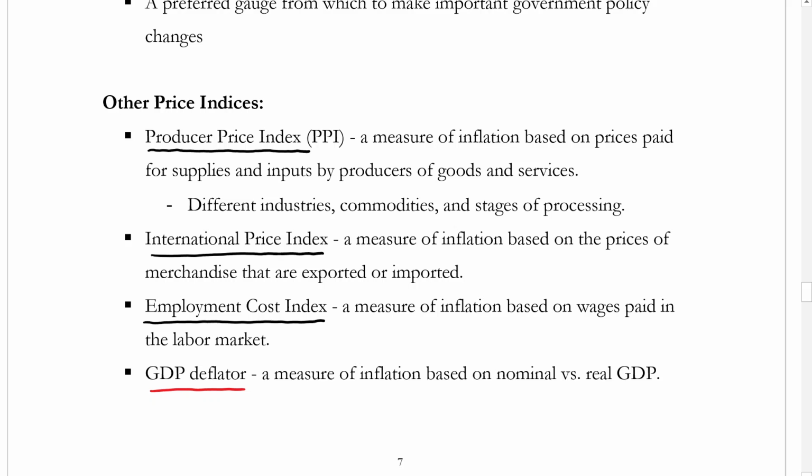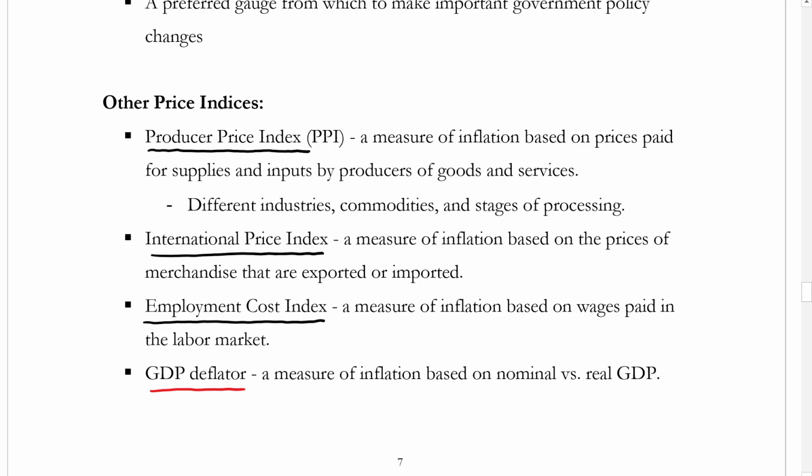Just as we have different measurements to measure the health of the labor market, other than the unemployment rate, like the labor force participation ratio, the employment population ratio, and so on and so forth, we also have other ways to measure prices. And depending on what segment of the economy you're interested in, if you are a manufacturer or you have a company, some of these other indices might be more useful.